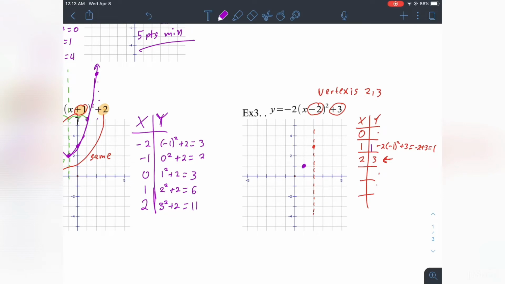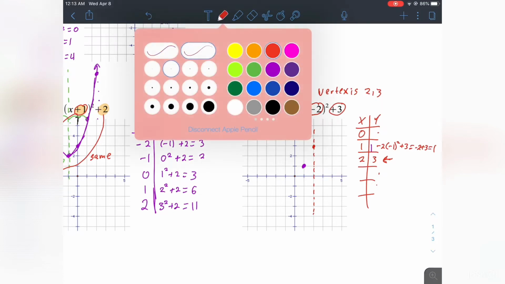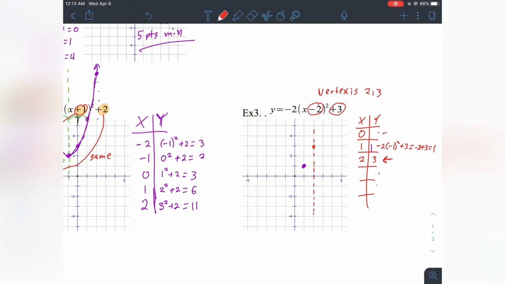Now I'll plug in 0. Okay. -2 times 0 minus 2 is -2 squared plus 3. So -2 squared is 4. 4 times -2 is -8. -8 plus 3 is -5.